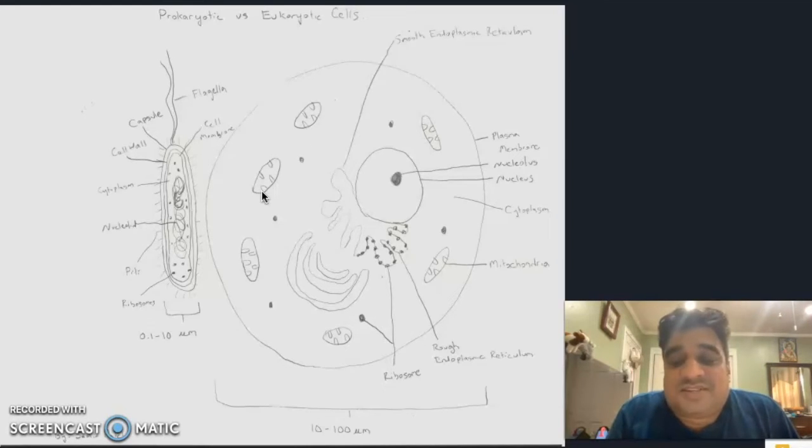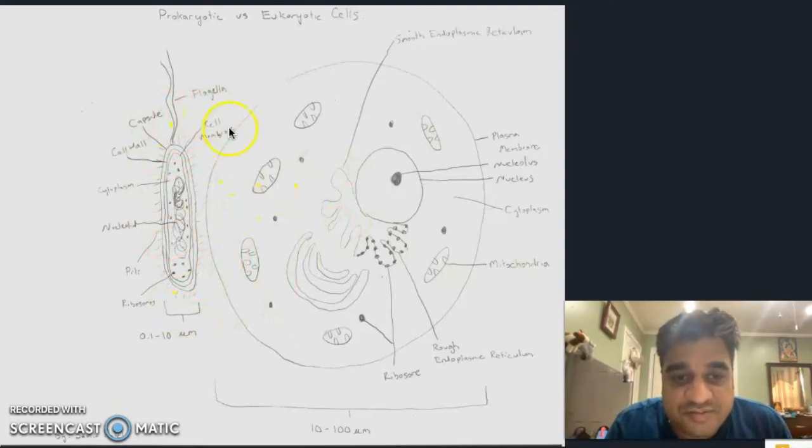Since this project really isn't about the differences between these two cells, let's get straight into the interaction between them. So the interaction actually happens here, if you see my cursor. It happens between the two surfaces of the two cells.